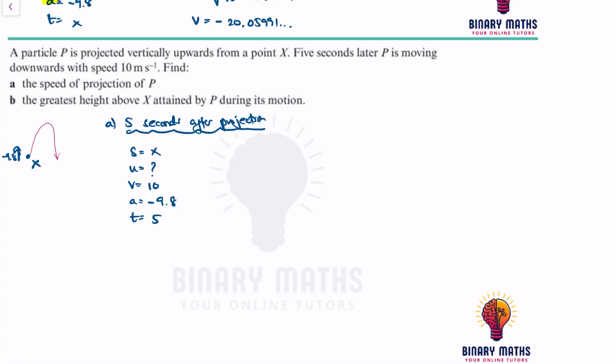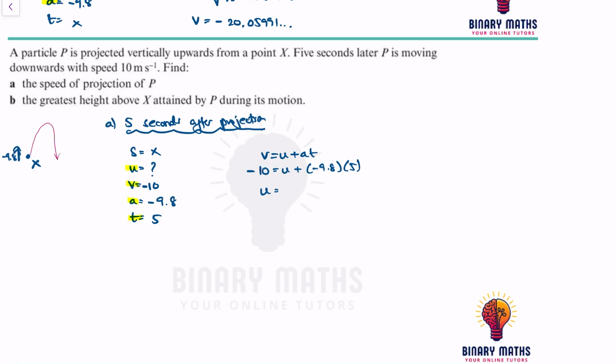So what we have is U, V, A, and T, which means V is equal to U plus AT. So 10 is equal to U plus minus 9.8 times 5. So U will be equal to 10 take away minus 9.8 times 5. It's moving downwards, so that velocity is minus 10.